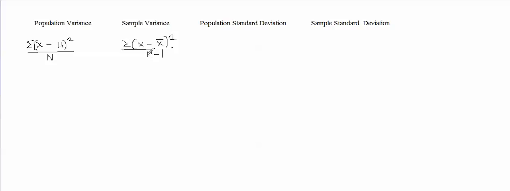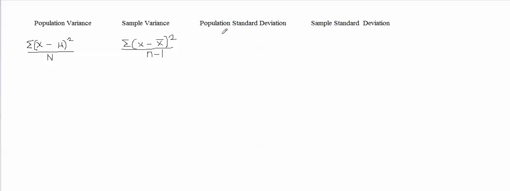Remember, the lowercase n is the number of people in the sample, and 1 less than that number is n minus 1. Now what about the formula for population standard deviation? I'm sorry, I should have said population variance and no, actually, I did write it out correctly. Sorry. I thought I made a mistake, but I didn't.